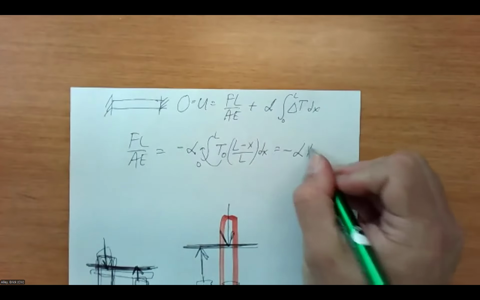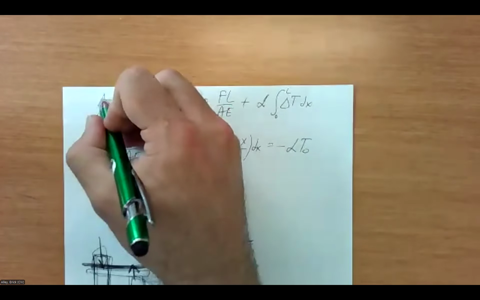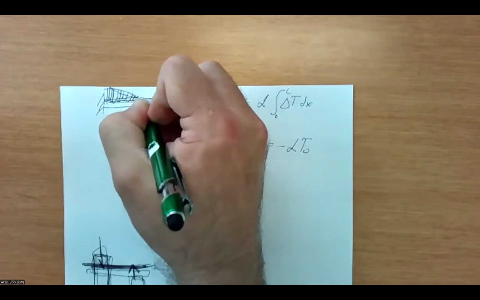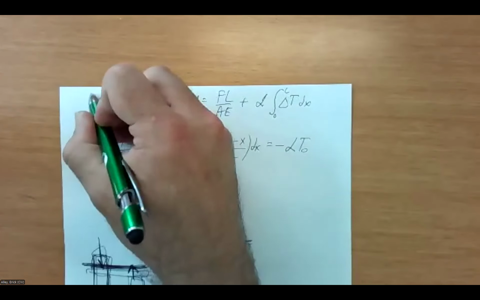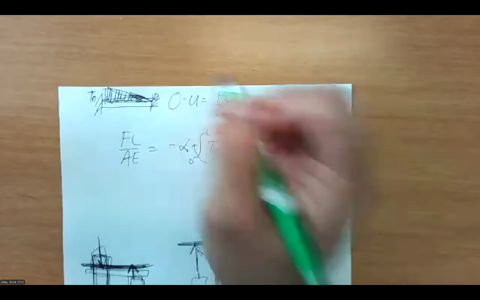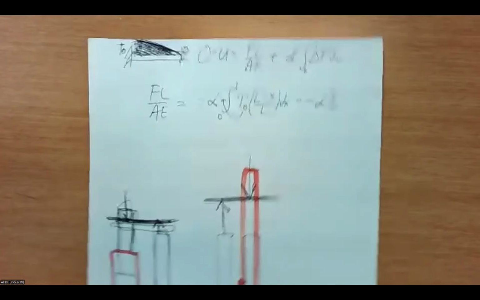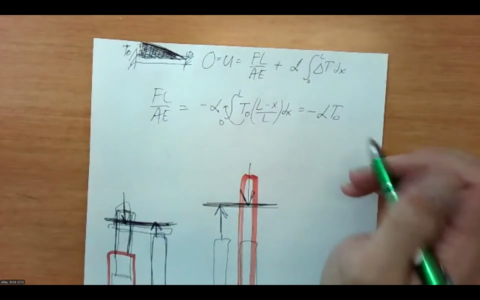So I've got minus alpha, that T naught, which was the delta T on this side. So I've got a triangular distribution here: T naught on this side, 0 delta T on that side. Just a straight triangular distribution.